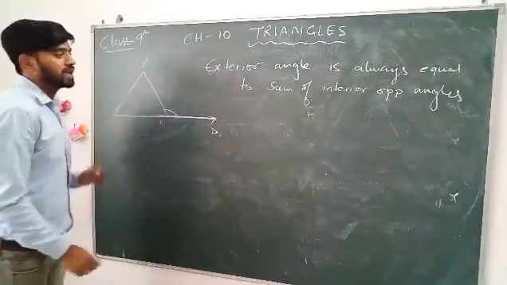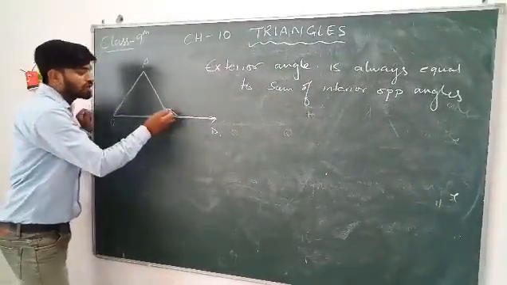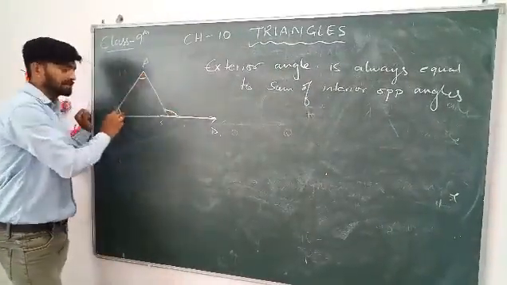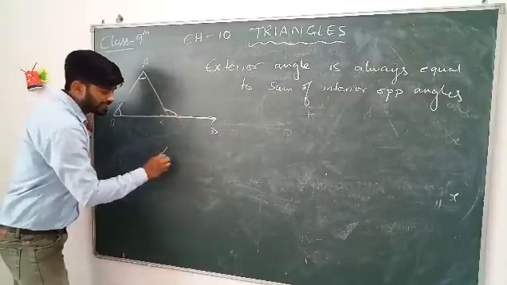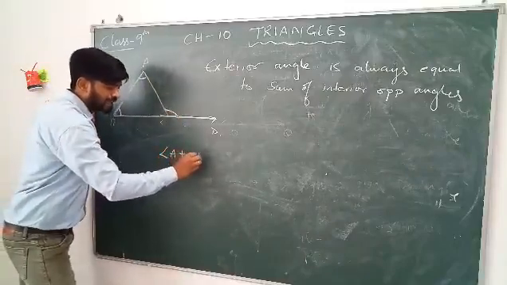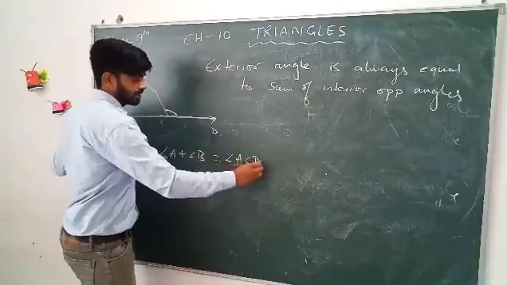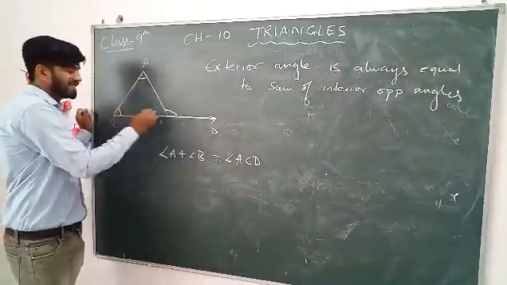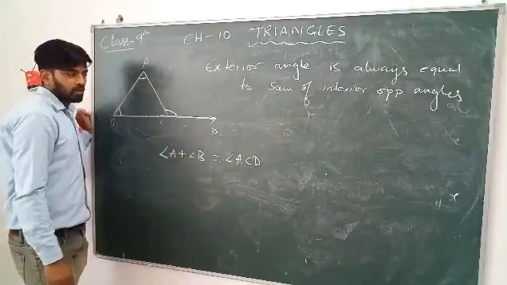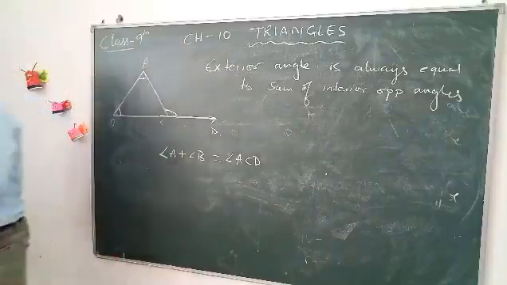So what they are trying to say is that this angle is always equal to this plus this. I'll write it down: angle A plus angle B is equal to angle ACD. Means this plus this equals this angle. Why? I can prove that to you as well.